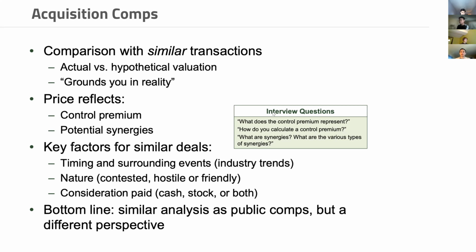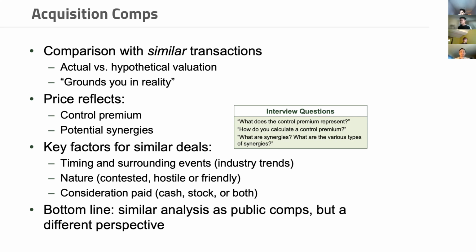So when Facebook bought Instagram, they had to pay a control premium, and Facebook could justify paying that higher price because, being Facebook, they think they could make Instagram more profitable, an asset that's worth more as a part of Facebook than on its own.